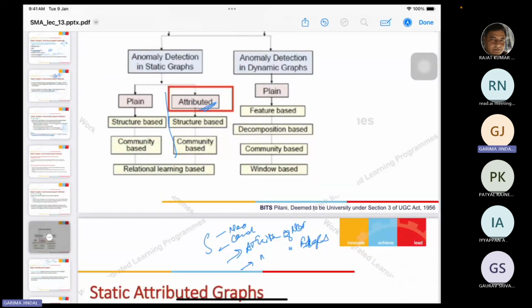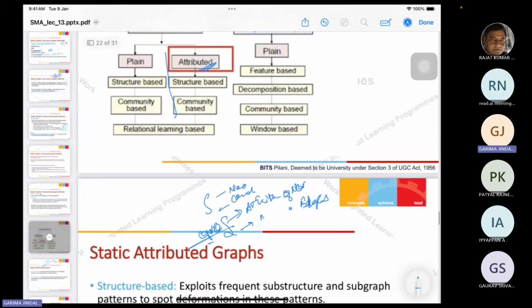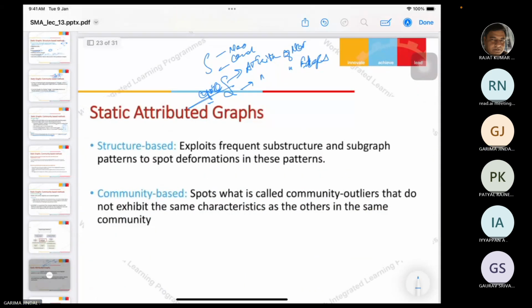These are optional. So along with the node and edge data, you are going to have additional data related to the nodes or edges. Using that data, using that semantics, you are going to identify the anomalous behavior in the network.